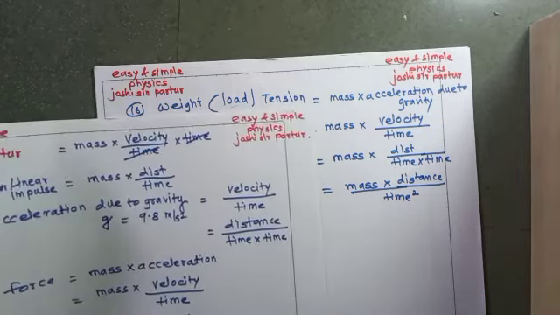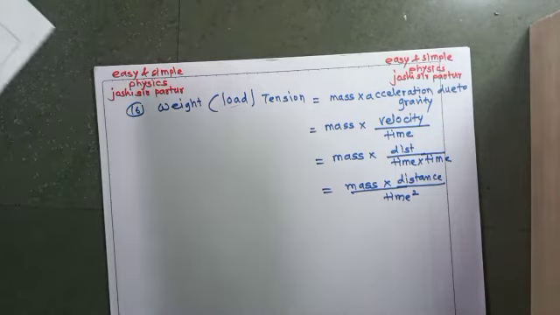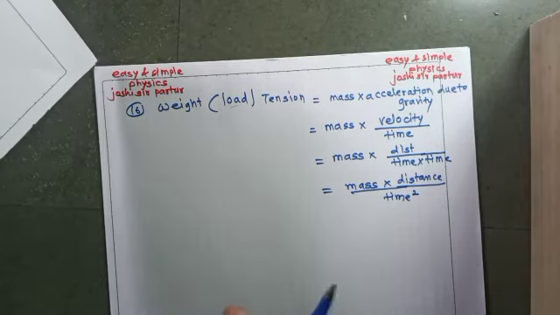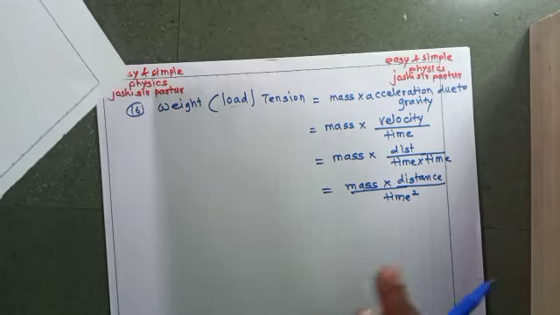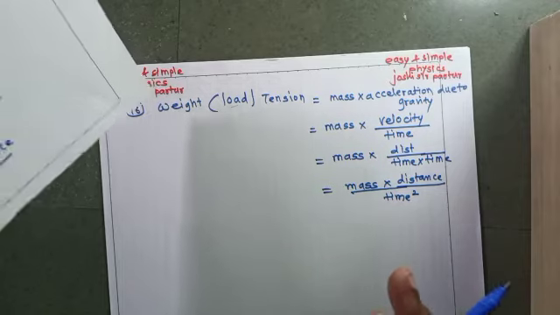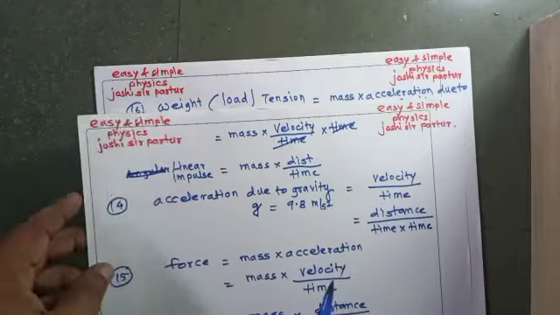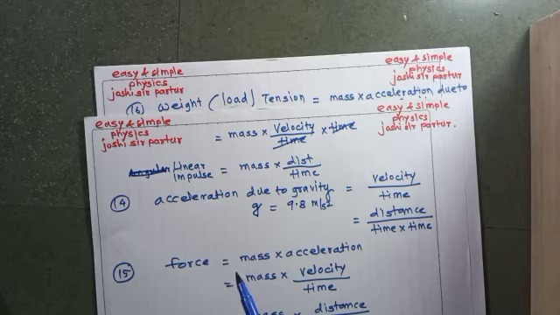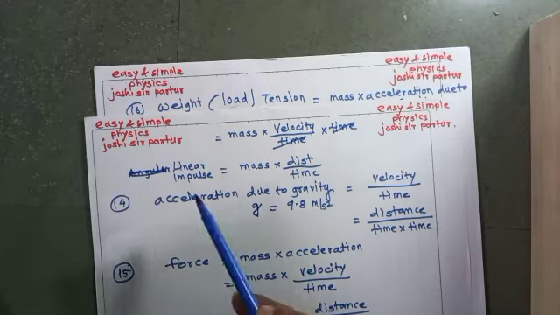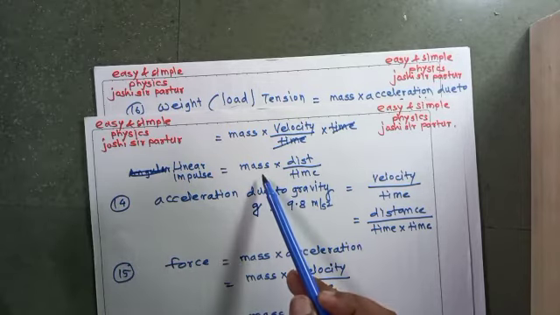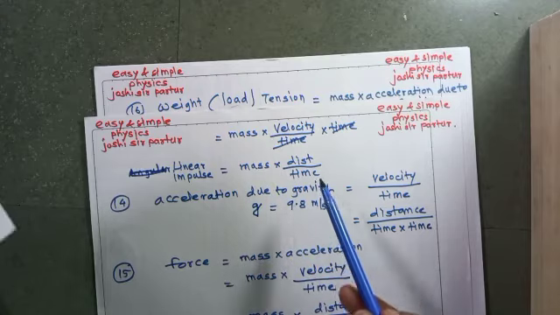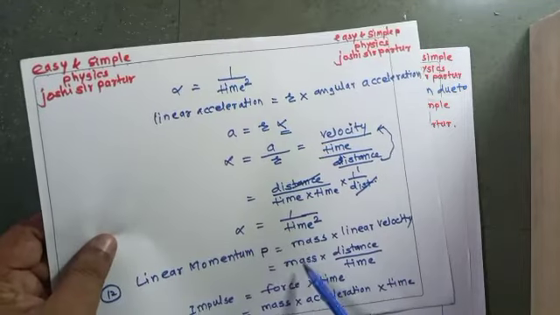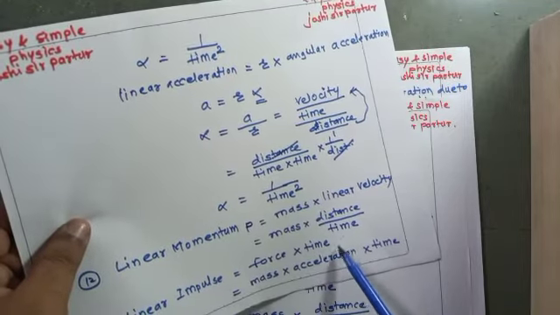So we can say that force and weight, force and load, force and tension are similar quantities. Whereas linear impulse and linear momentum: see here, linear impulse has the formula mass multiplied by distance upon time, and linear momentum also has the formula mass multiplied by distance upon time.